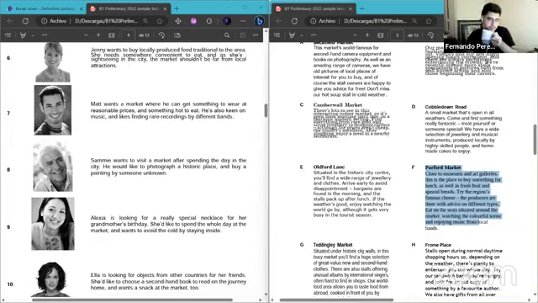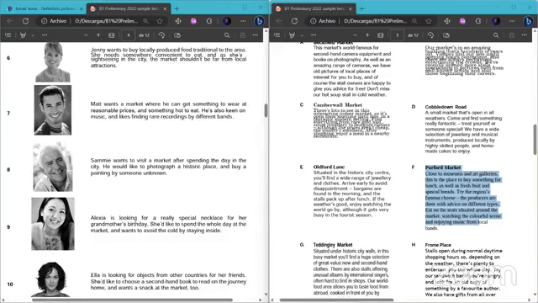Verbs, the connector for verbs. And he is looking for recordings by diverse bands of music.